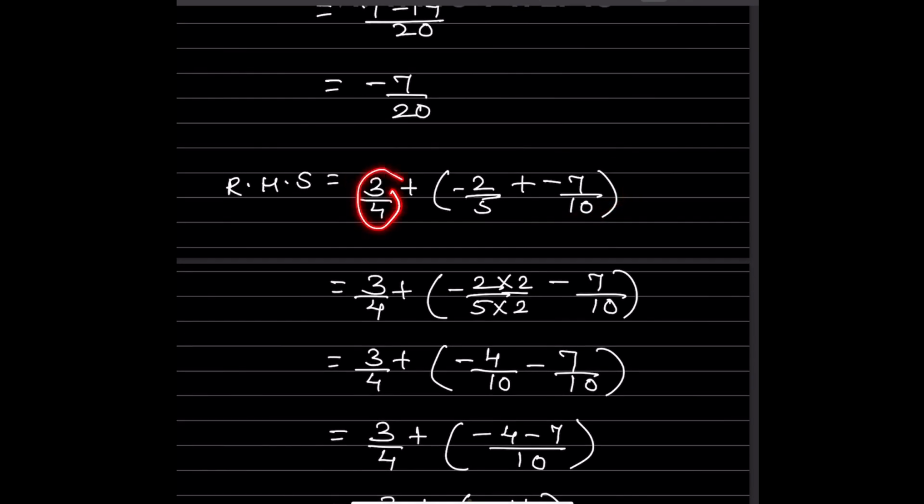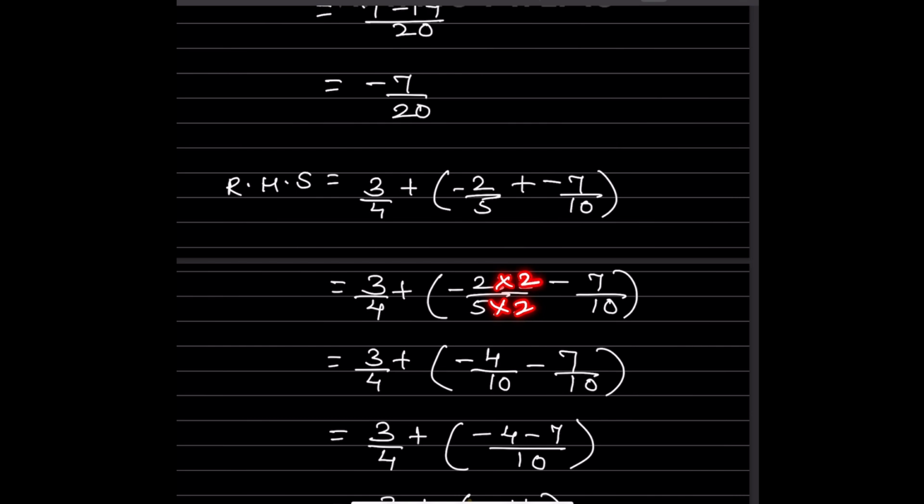So this will be as it is. Now because the LCM is 10, plus minus is minus, this will be 7 by 10. So same thing what I told here, the LCM is 10.